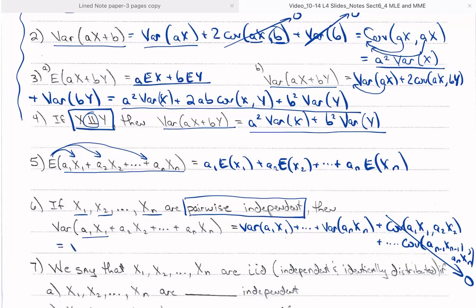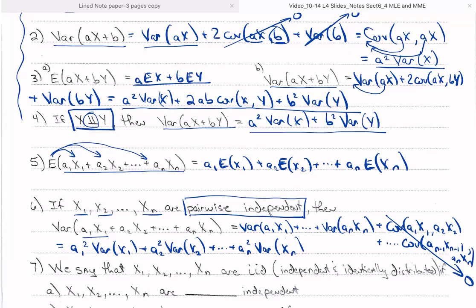So this is going to equal the variance of a1 x1, that's going to be a1 squared variance of x1, plus a2 squared variance of x2, plus dot dot dot, up to an squared variance of x sub n.